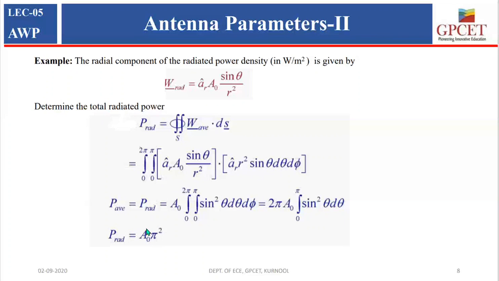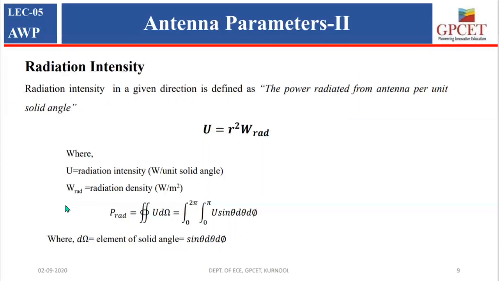Next term is the radiation intensity. Radiation intensity is defined as the power radiated from the antenna per unit solid angle. So what is the difference between the radiation intensity and the radiation power density?